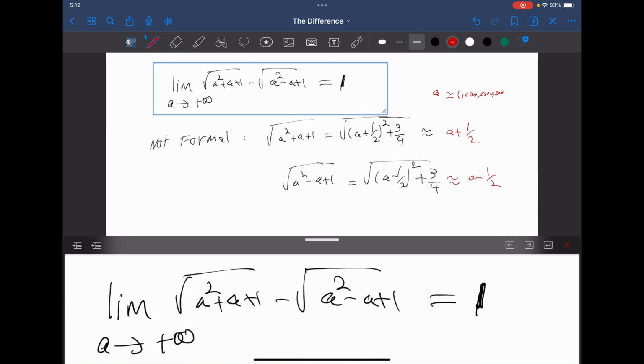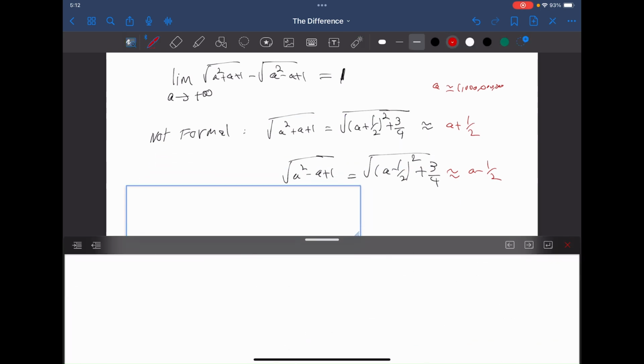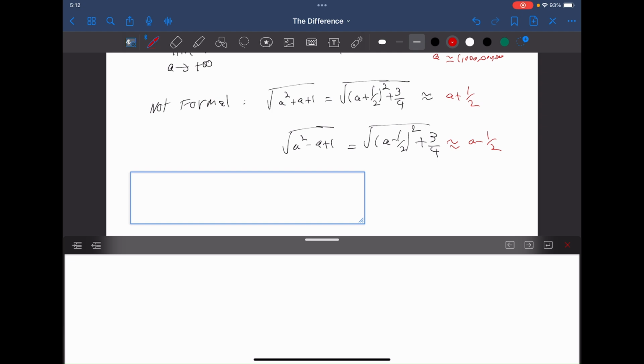So sort of in the limit, this function is behaving as constant 1. And so now you should have a better feeling of why this should be true. But as I said, this is not a formal argument. This is not rigorous. If you want to make a rigorous argument, you have to go a different way.